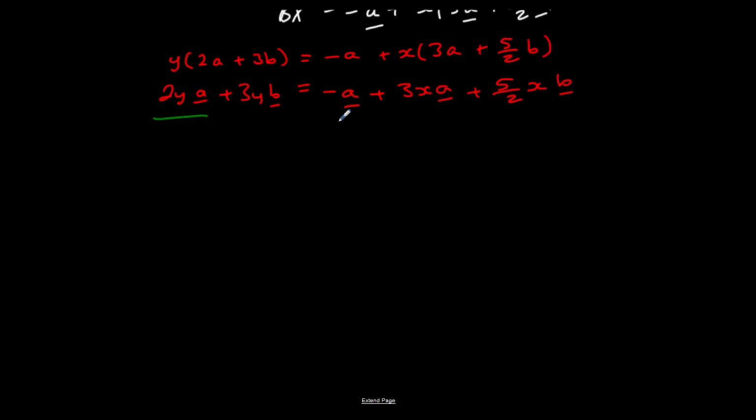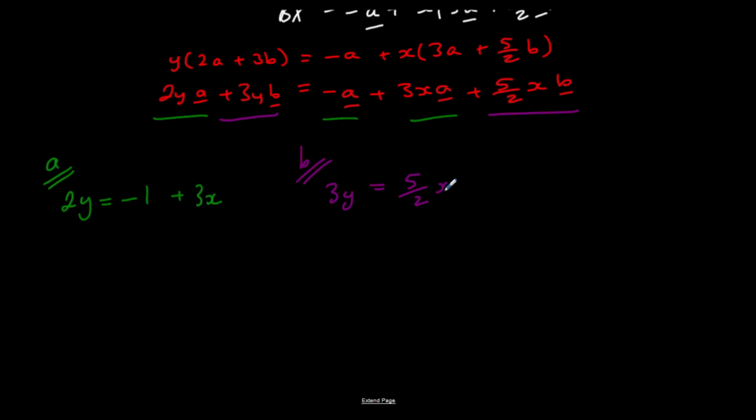We can say a's must equal a's and b's must equal b's. So for our a's, 2y equals negative 1 plus 3x. We don't have to write the a's, they're all our a's. And for our b's, 3y equals 5 over 2 x.